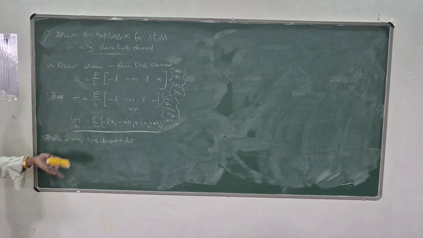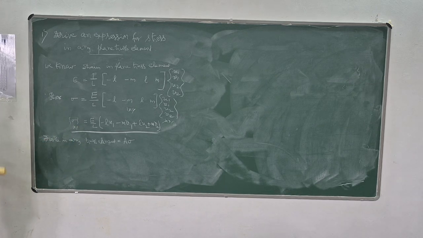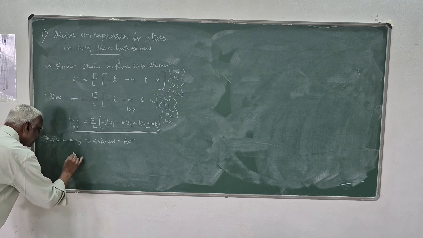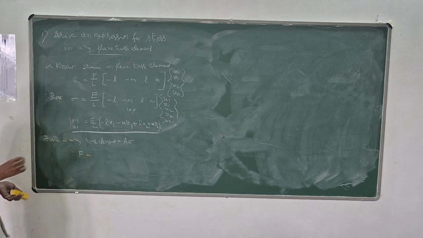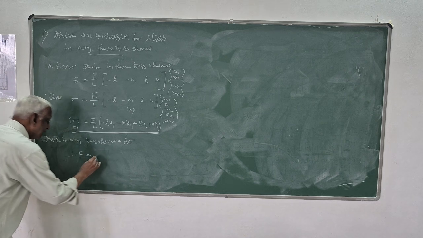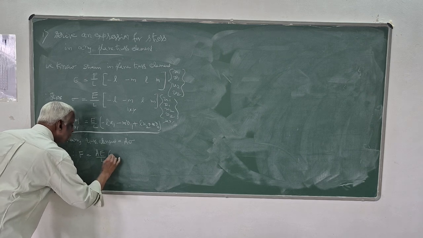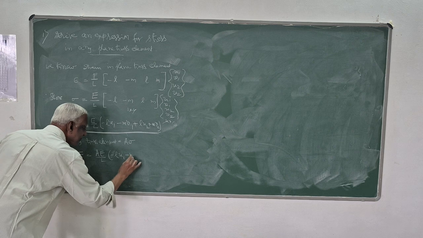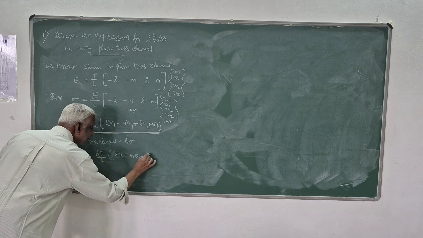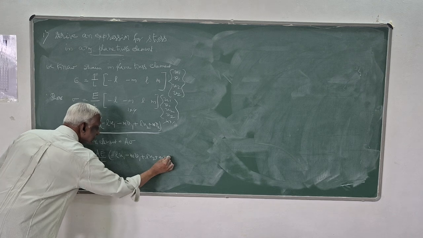Sigma is stress, into the area of cross section. That area of cross section you know. So force in any element is given by AE by L into minus l u1 minus m v1 plus l u2 plus m v2. Okay? That's all.